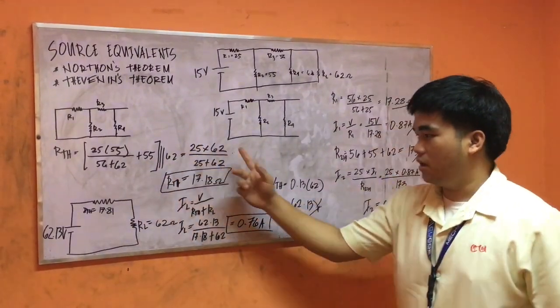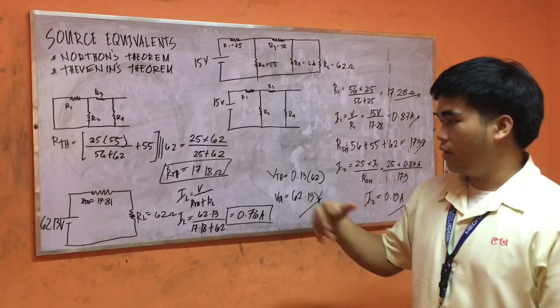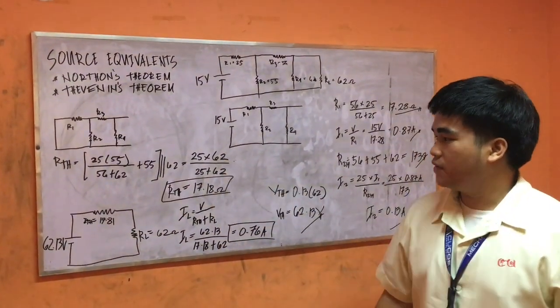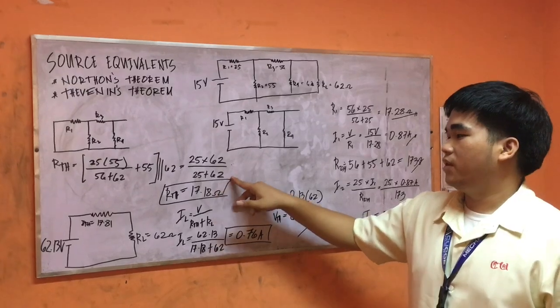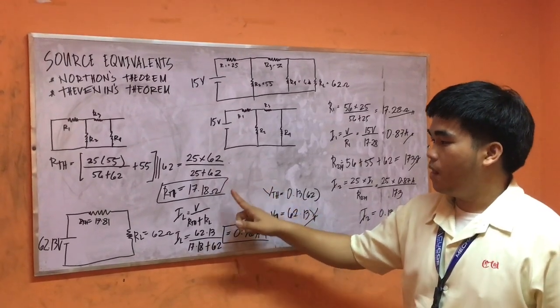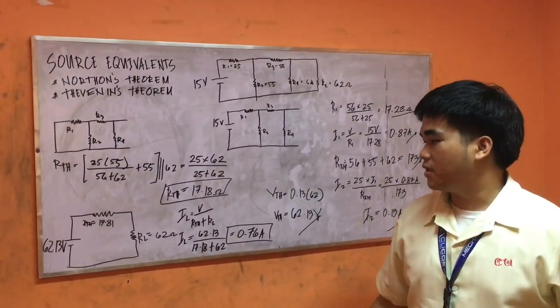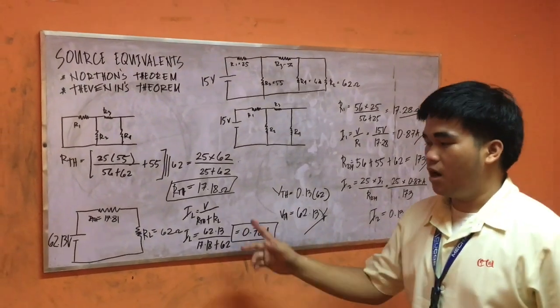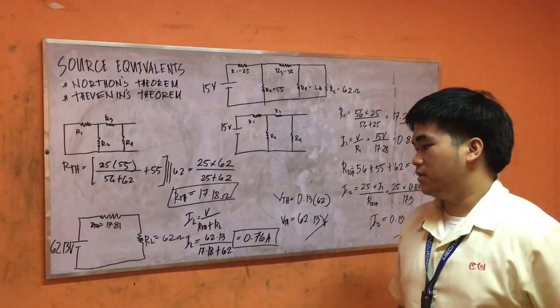So this is a phase to calculate this resistance. So we have 25 times 62 over 25 plus 62. And then our answer is 17.18 ohms, the Thevenin's resistance.